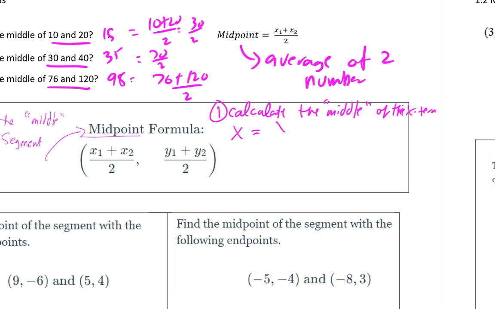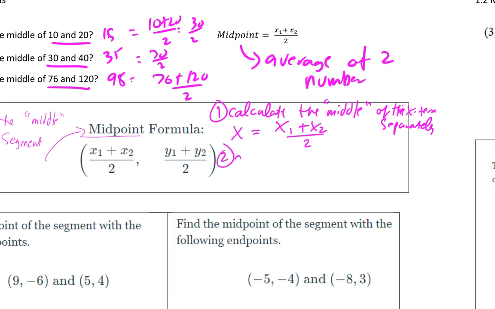We're going to add the two x's, x1 plus x2, and divide by 2. We calculate the middle of the x term separately. The common mistake is people try to type this whole thing into the calculator. You cannot type the whole thing into the calculator.